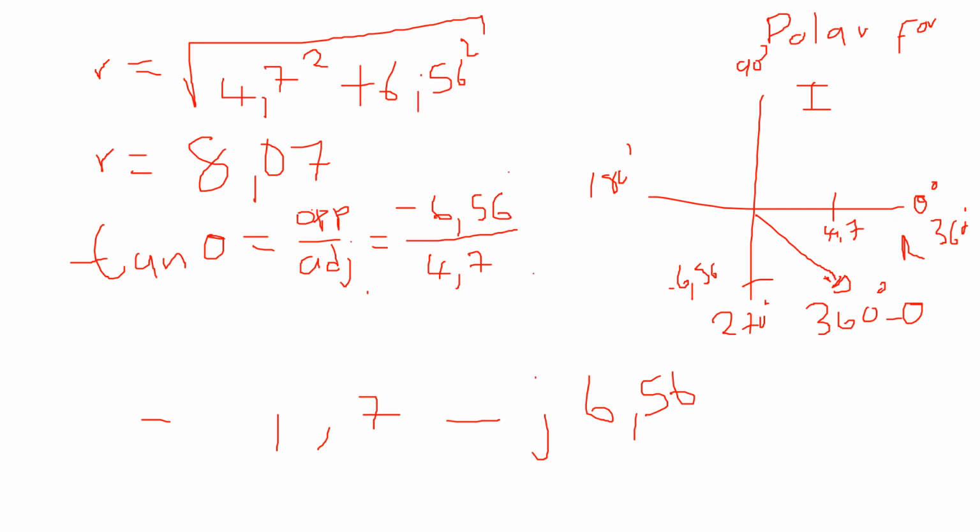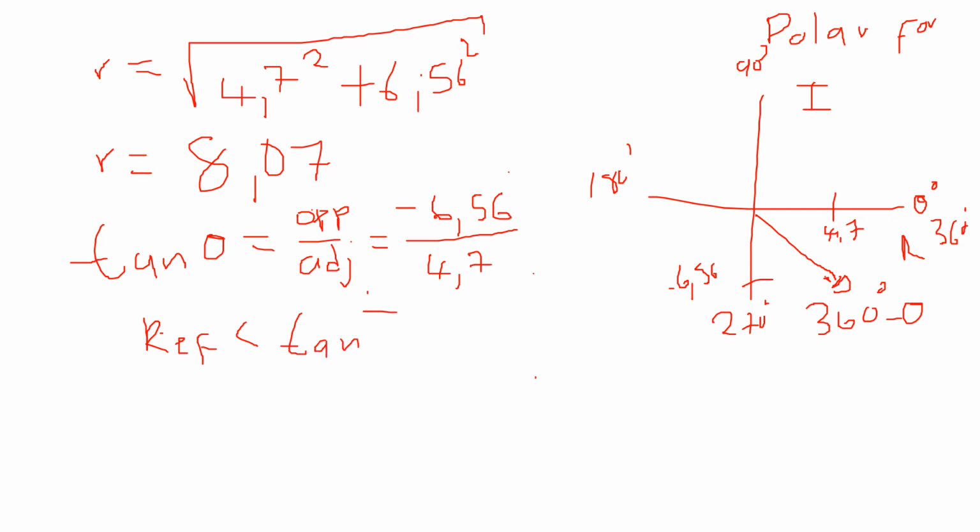Let me just erase here. Now we are looking for the reference angle. It will be the second function tangent, and when you put it in the calculator, you don't have to put the negative sign.